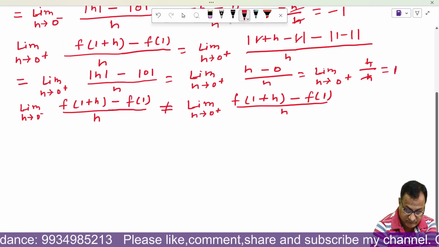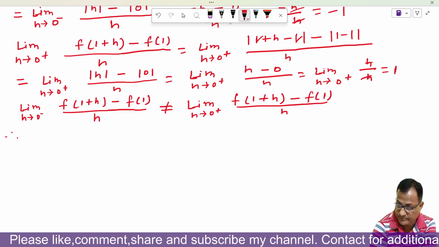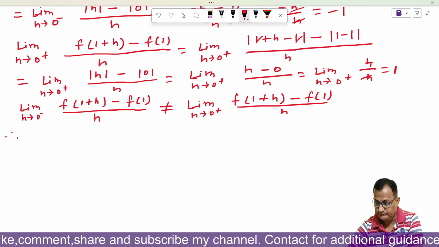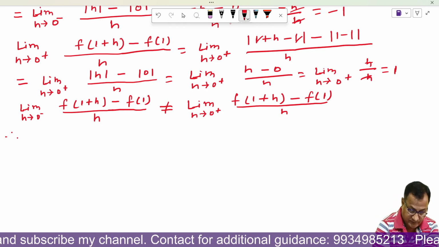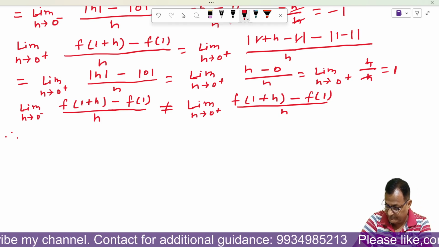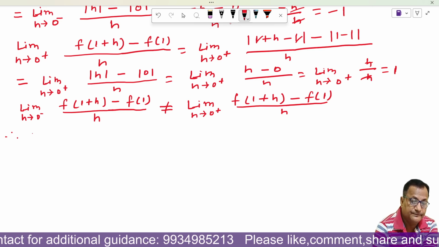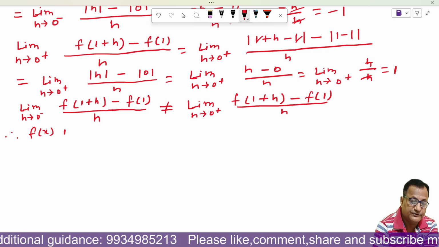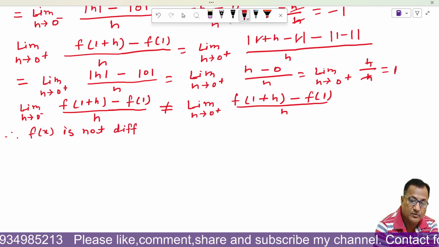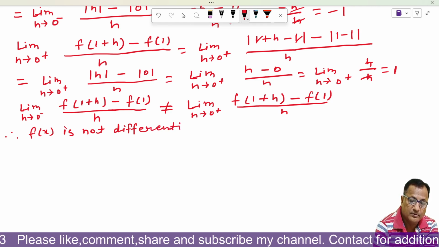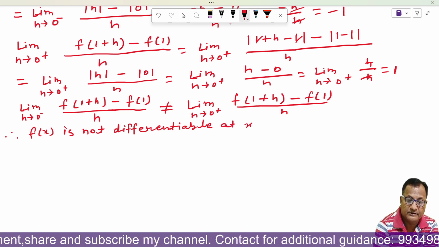Left hand derivative is not equal to right hand derivative, so therefore f(x) is not differentiable at x = 1.